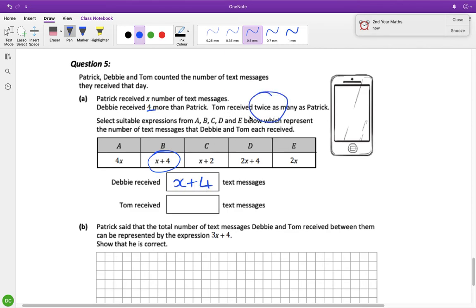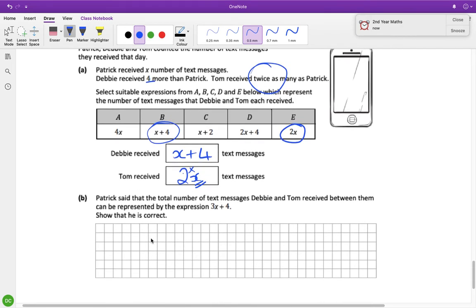Tom received twice as many. So twice as many is the same as double. So he received Patrick's messages times 2. So 2x. Okay, so Patrick said the total number of text messages Debbie and Tom received between them can be represented by the expression 3x plus 4.